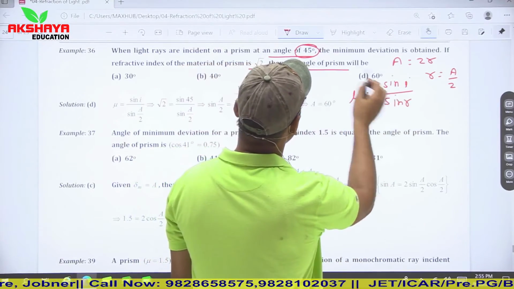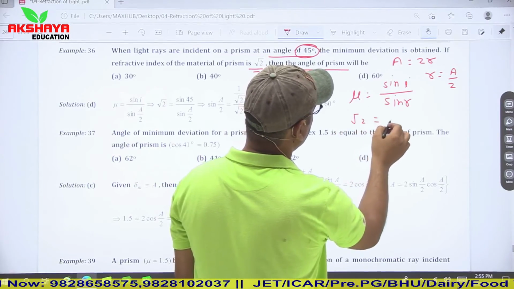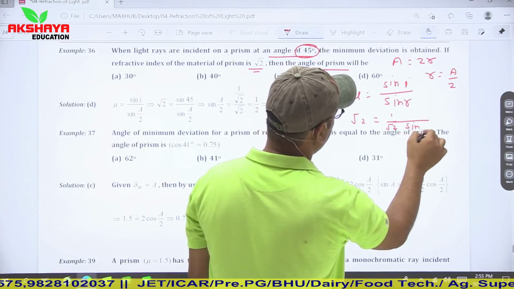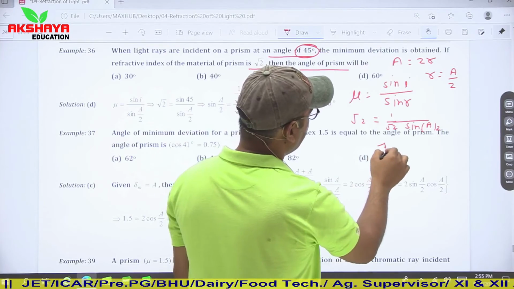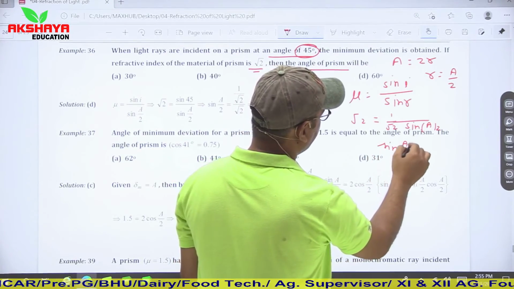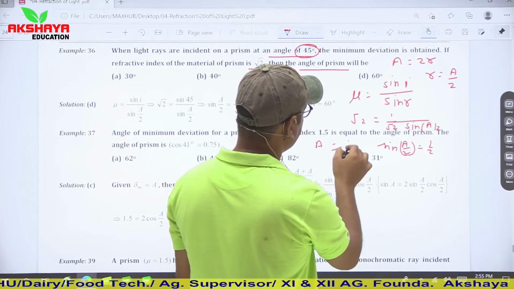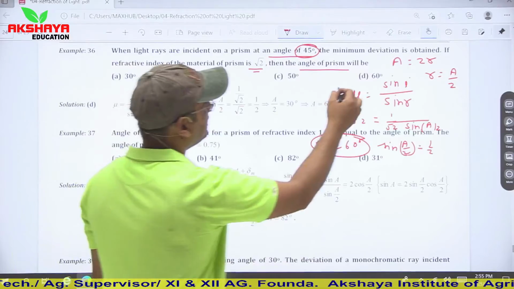So √2 is equal to sine 45 upon sine A by 2, that is 1 upon √2 upon sine A by 2. So sine A by 2 is equal to 1 upon 2. So A by 2 is 30 degrees, so angle of prism is 60 degree. So it is a directly formula based question. So option number D is correct here.